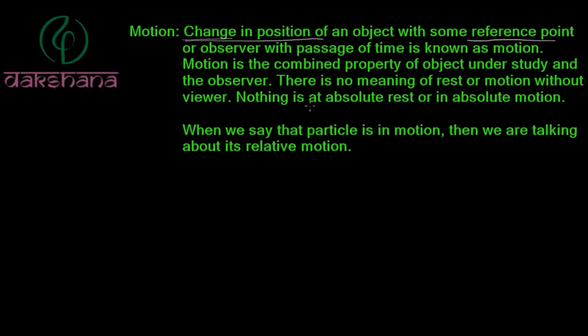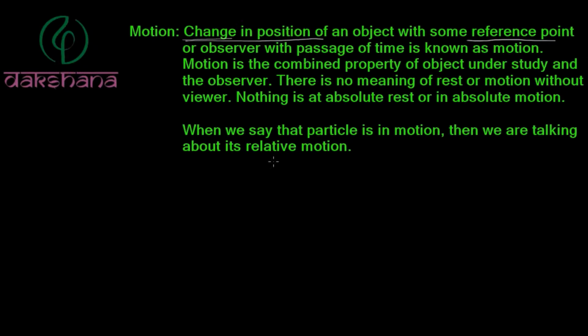Nothing is at absolute rest or absolute motion. So whenever we are talking about motion, we are actually talking about relative motion, because without describing the reference point, we cannot describe the position of an object, and so we cannot describe the motion.